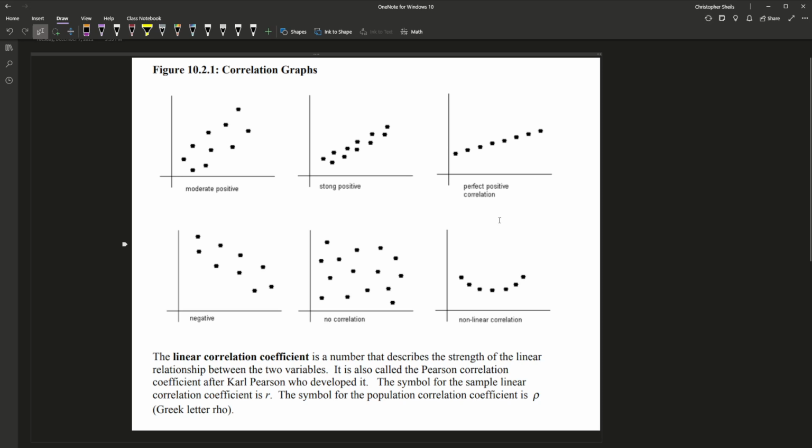In this third example, we have a perfect positive correlation. Notice that you could actually draw a straight line that passes through all of these points. So in this case, there's a perfect positive correlation.